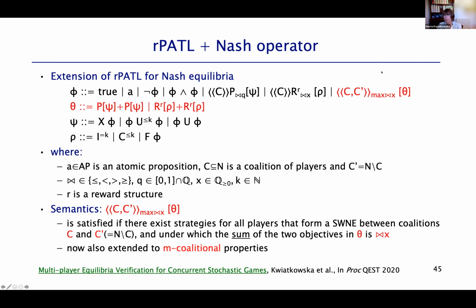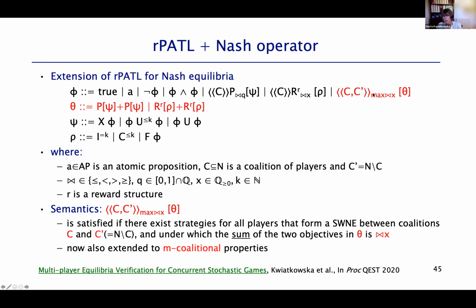Now, to enable Nash equilibria computation, I'm showing you an example for just the 2-coalitional variant. I introduce a new type of property, so I specify a pair of coalitions. I also have the max or min, depending on whether I'm looking for SWNE or the social cost equilibrium, and I introduce properties. Theta is a parameter, a new property which can either express the sum of probabilities or the sum of rewards.